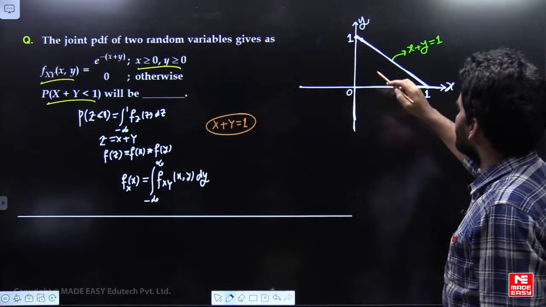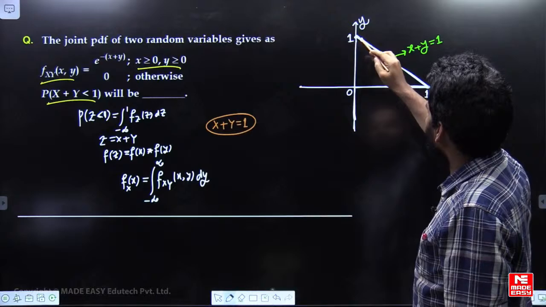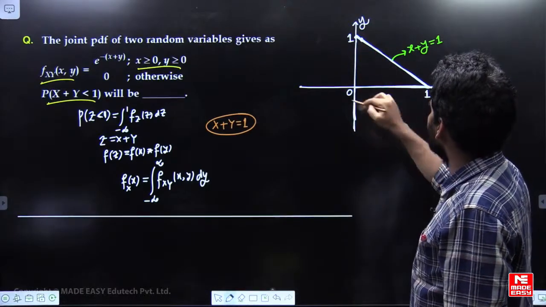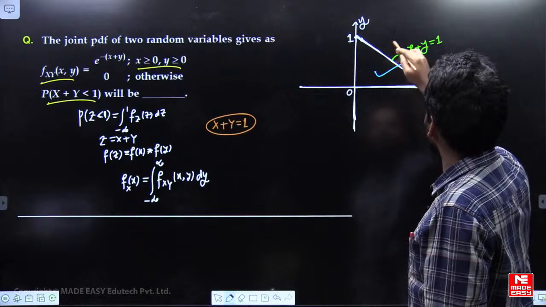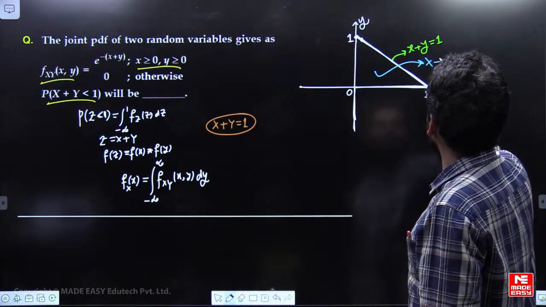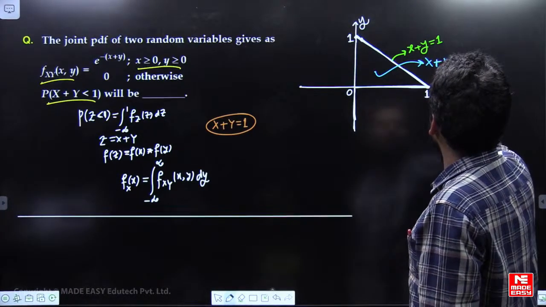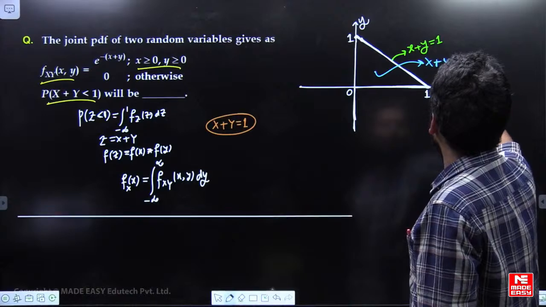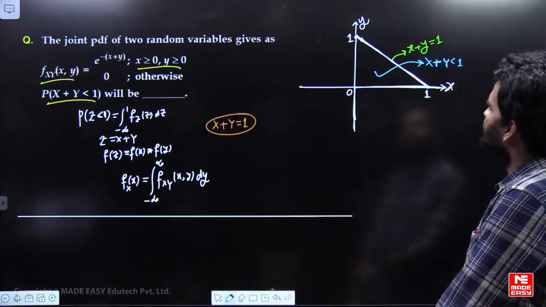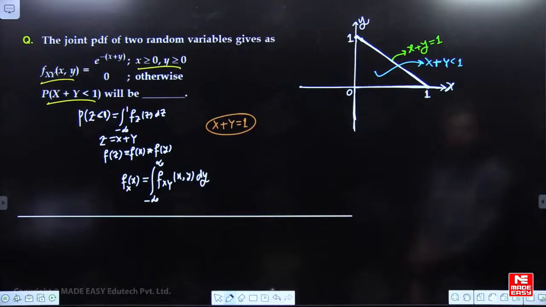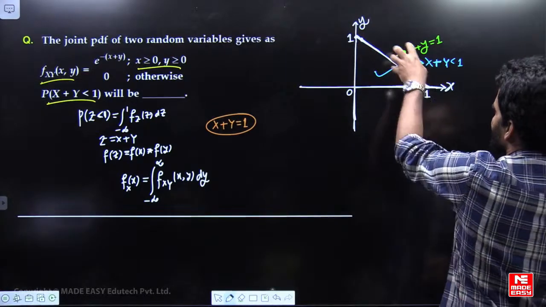So I can say this is the area, this complete area. This is x plus y less than 1. This region is x plus y less than 1.